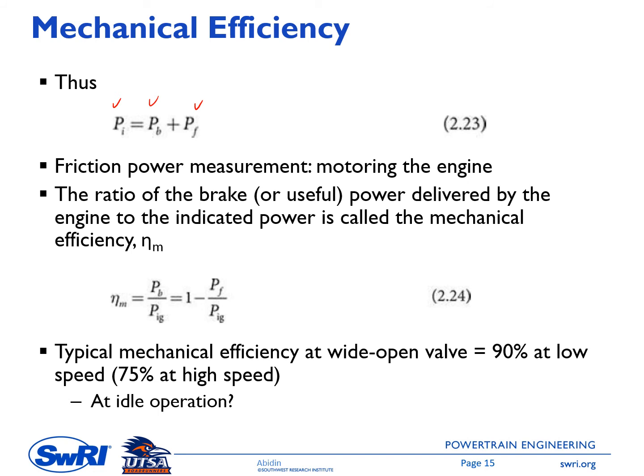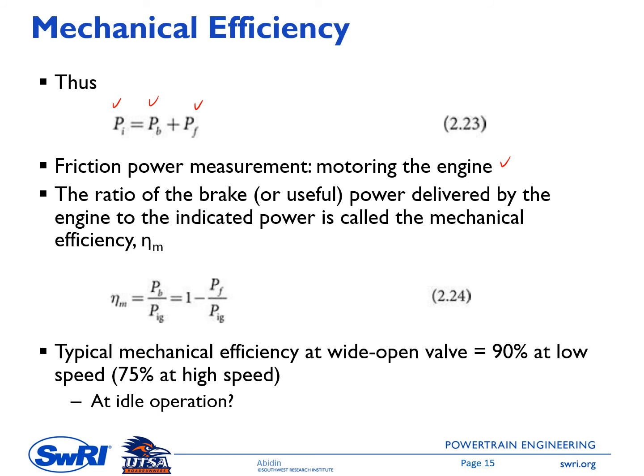I think in chapter 12 we will talk about this friction power in more detail, including how we measure it, and one of the methods is by motoring the engine. In this case we drive the engine with an external source, for example an electric motor.